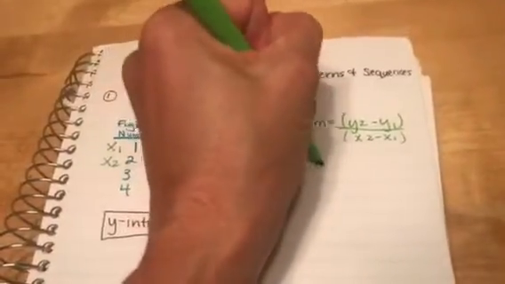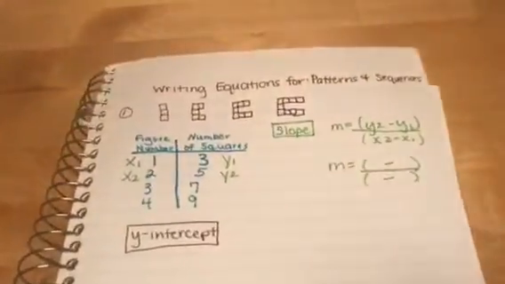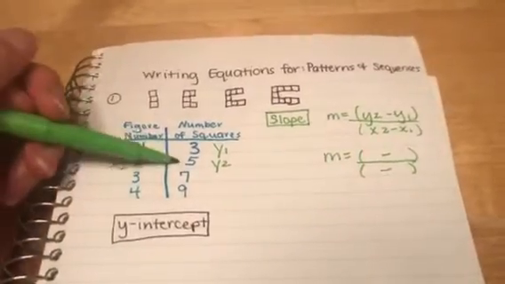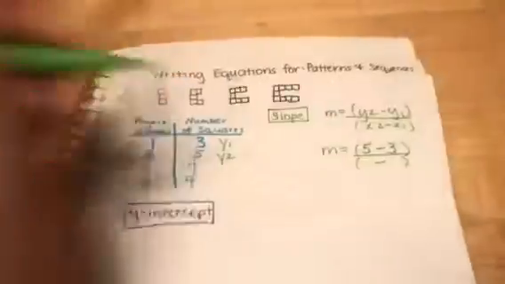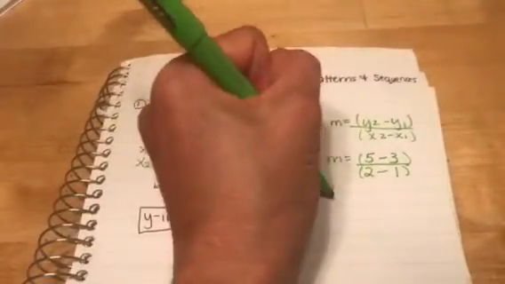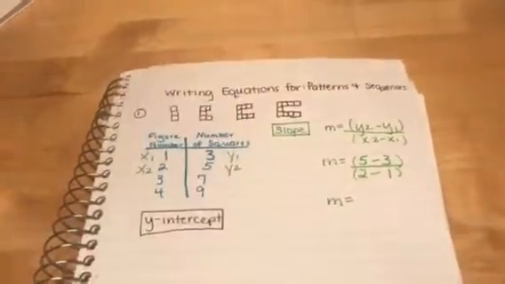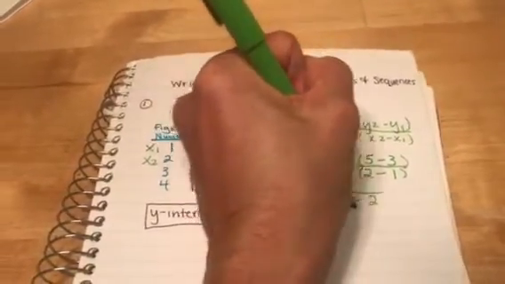Set it up, and plug in our numbers: y2 minus y1 over x2 minus x1. Okay, type it all in your calculator, and we get m equals 2.